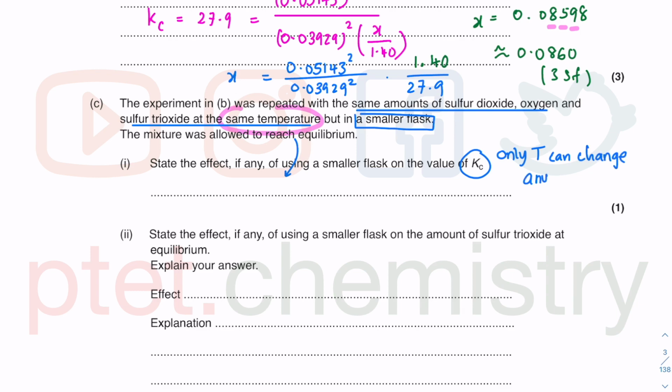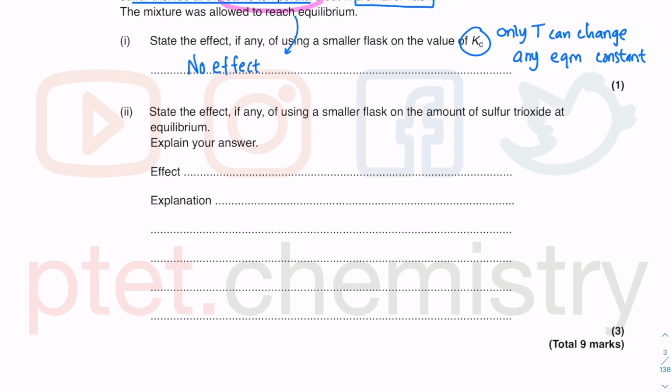Later on in A2, you will learn more about Kc, Kp, Ka, Kw, a lot of equilibrium constants. Only temperature can change those. So it doesn't matter if you change pressure or volume, it will not have any effect on the equilibrium constant. However, is there any effect of using a smaller flask on the amount of sulfur trioxide?